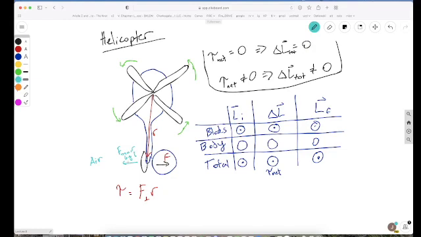This is the direction it pushes the air, and this here is the F on blades by air, right? That's actually how helicopter blades or any blades or wings work: they apply a force to the air, and as a result, the air applies a force back. We'll talk about that next week when we learn about Newton's laws. But for now, we're just concerned with the angular momentum part.